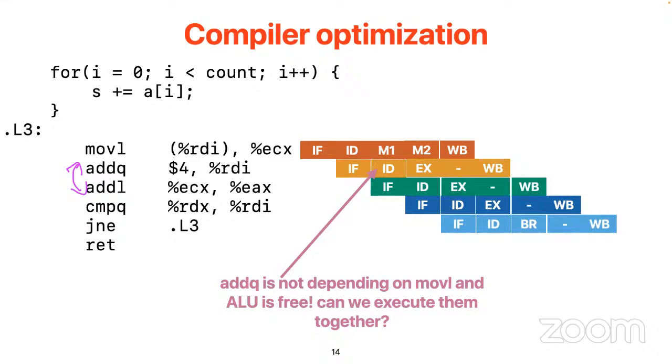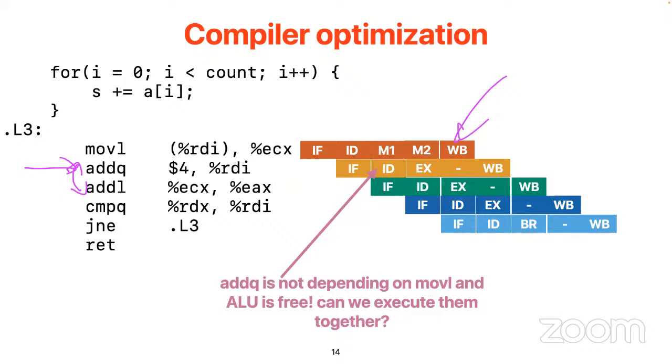In this way, there's no stall here, because you reorder the addl instruction and put it earlier. On the positive side, this won't affect the correctness of your code, and this addq instruction is for sure being executed.